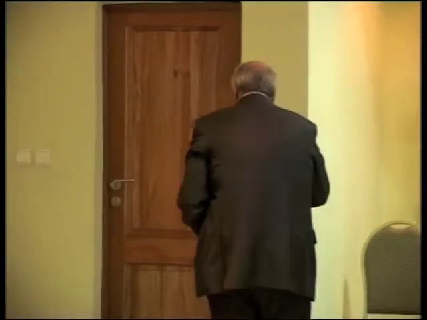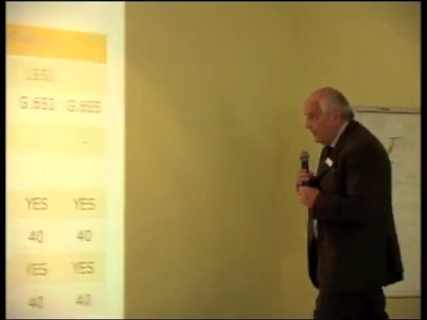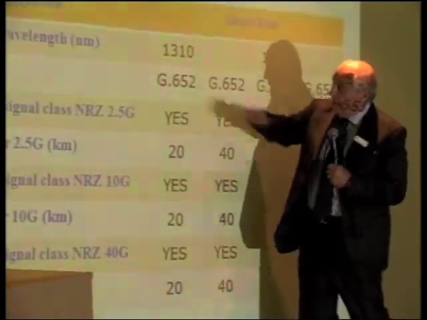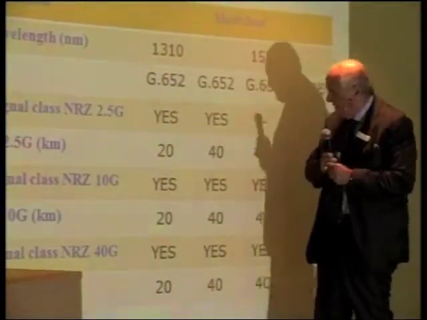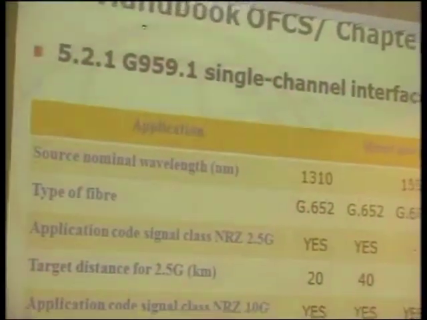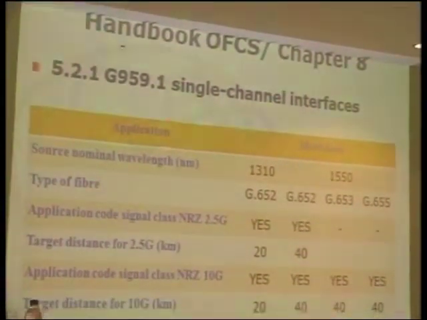This is the first table, which is listing all the parameters for single-channel interfaces. For the short haul, which means target distance of 20 kilometers in the second window, or 40 kilometers in the third window, the application codes exist for every combination.